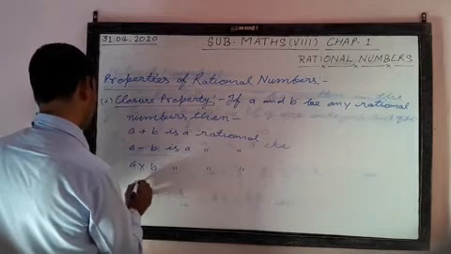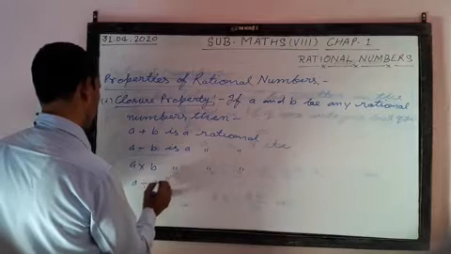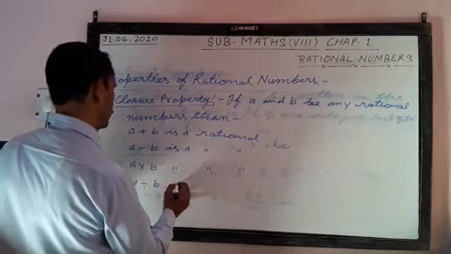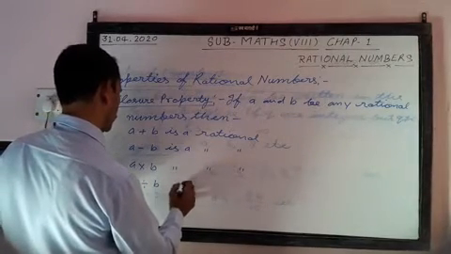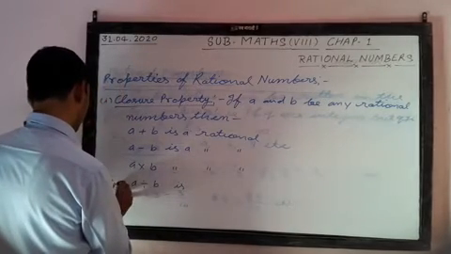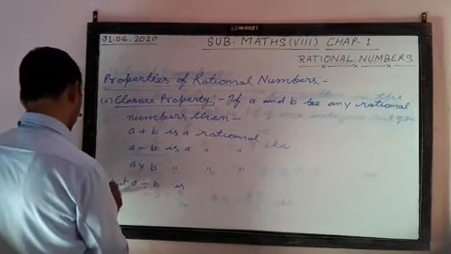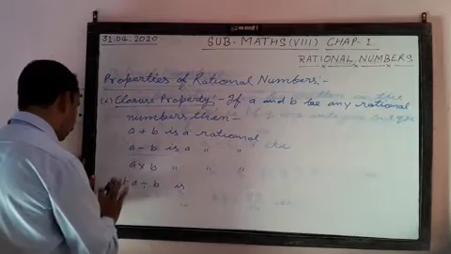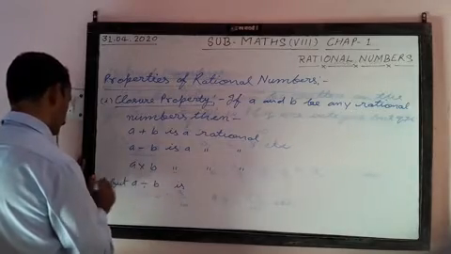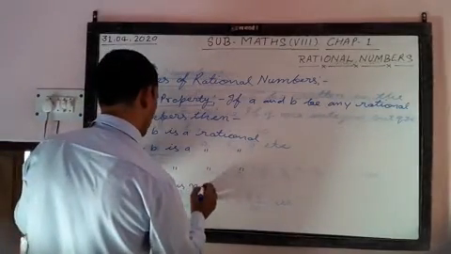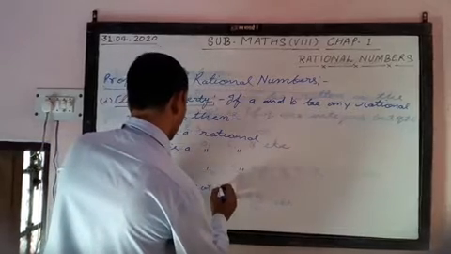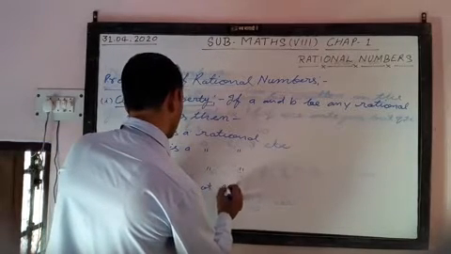But a divided by b is not a rational number.